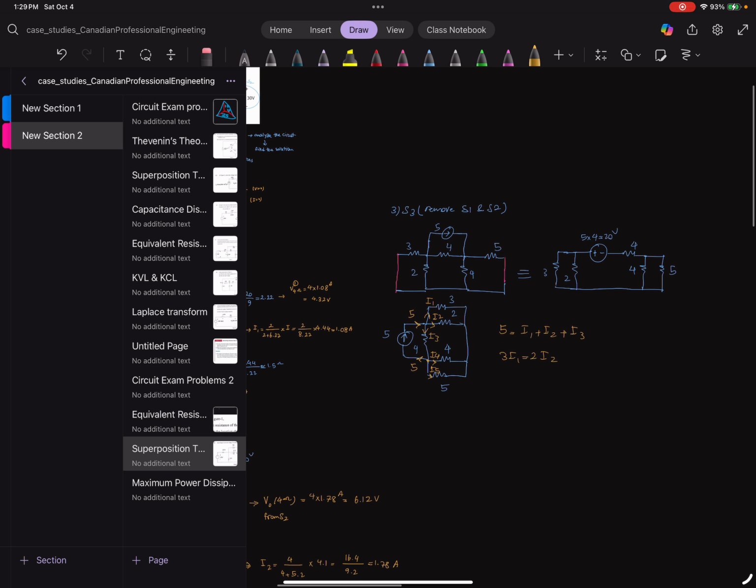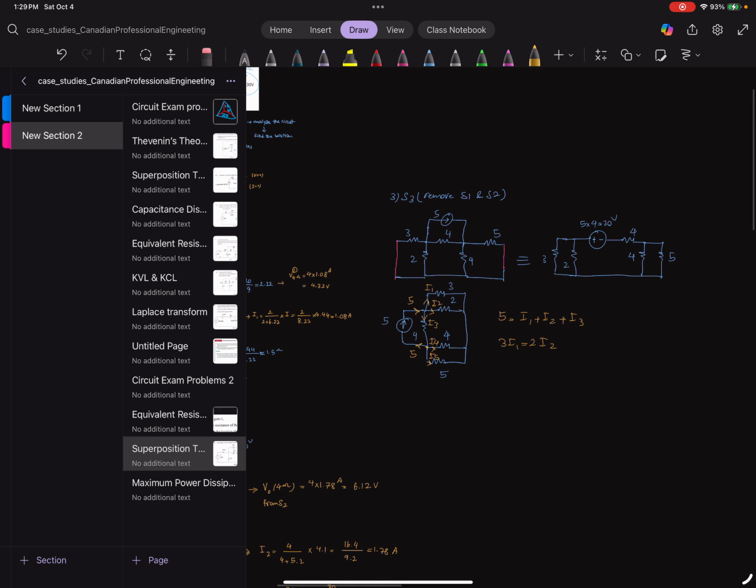Okay, so here we can replace that one. And then in another one, we have 5 amp going out, plus I4, plus I5, and I3 is coming in, so they're equal.